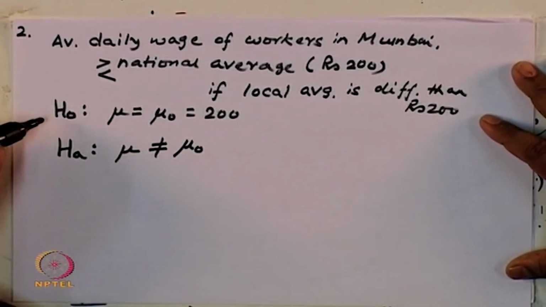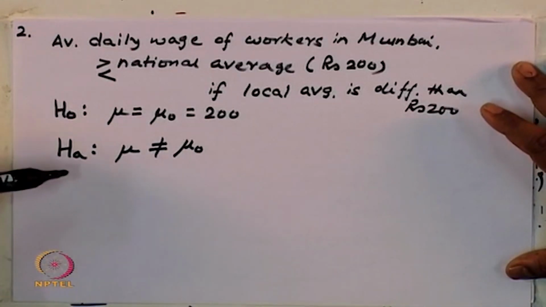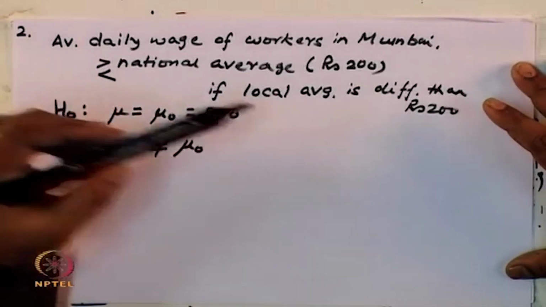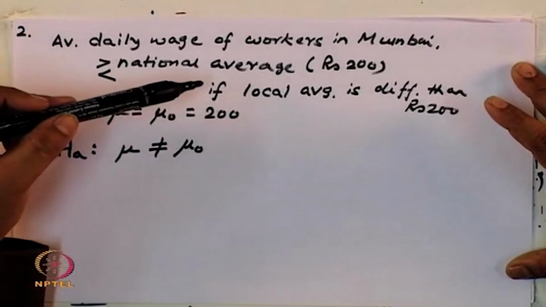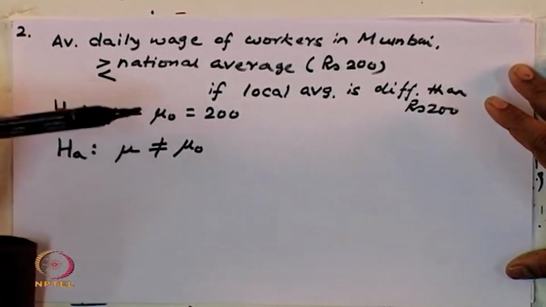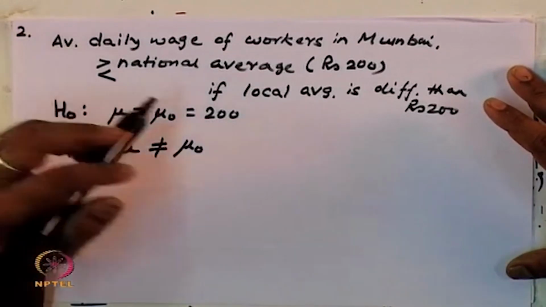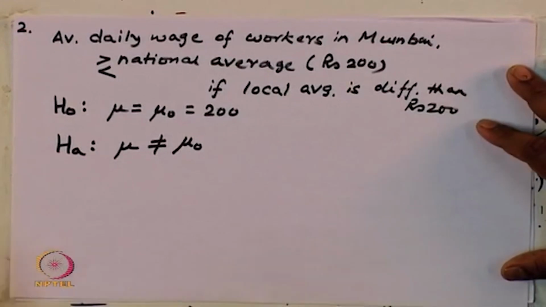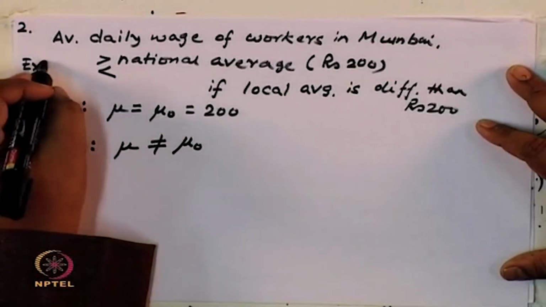So, this is your null hypothesis and this is your alternative hypothesis. In this example, we do not discriminate whether the local average is greater or lesser than the national average. We want to know whether this average is significantly different from whatever is offered nationally. So, this is example 1.